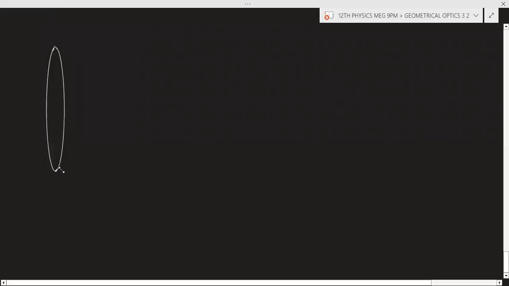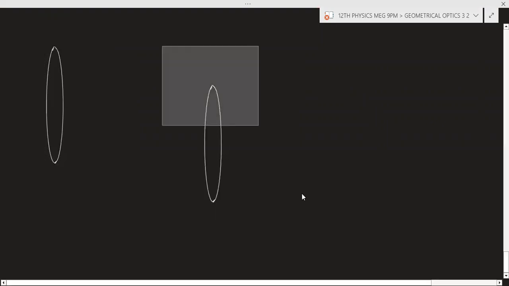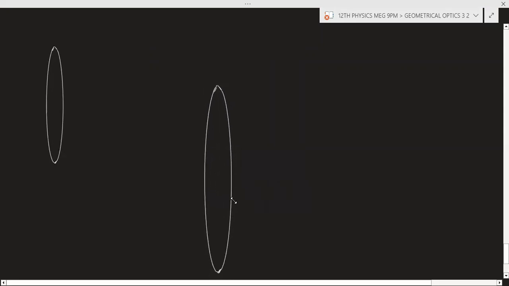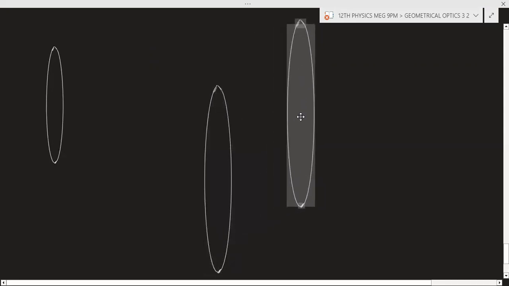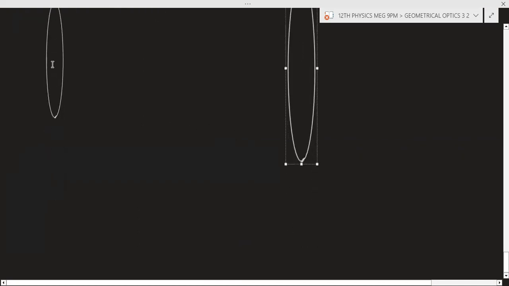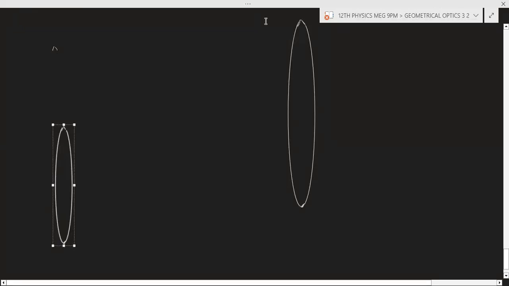Here is an objective lens, and here is one more lens that is bigger than the objective lens, that is the eyepiece lens. Two lenses are there in a compound microscope: one is the objective lens, and another is the eyepiece lens, and the eyepiece lens is bigger than the objective lens.